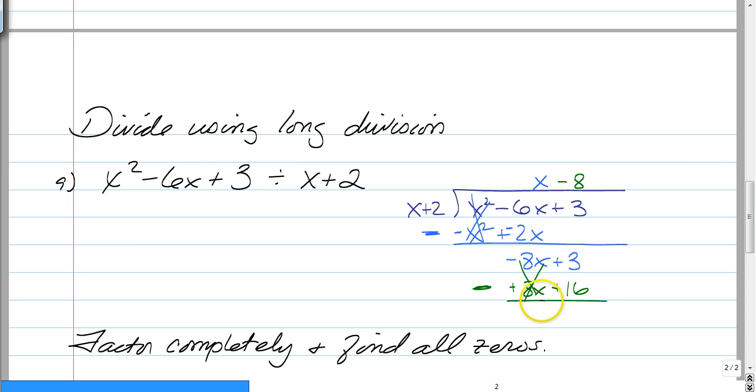So these cancel, and we have 3 plus 16 is 19. And that is your remainder. So your final answer is x minus 8 plus your remainder of 19 all over what you're dividing by, x plus 2. That's long division.